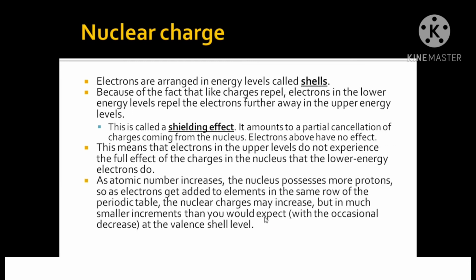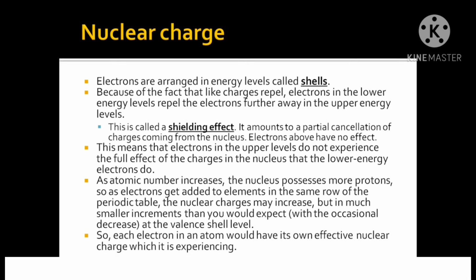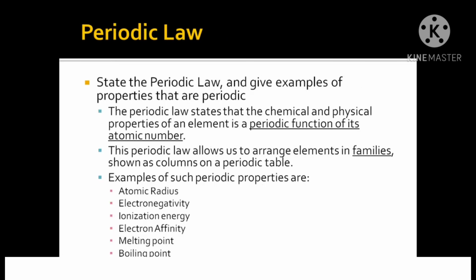As atomic number increases, the nucleus possesses more protons, so as electrons get added to the elements in the same row of the periodic table, the nuclear charges may increase, but in much smaller increments than you would expect, with the occasional decrease at the valence shell level. So each electron in an atom would have its own effective nuclear charge, which it is experiencing.